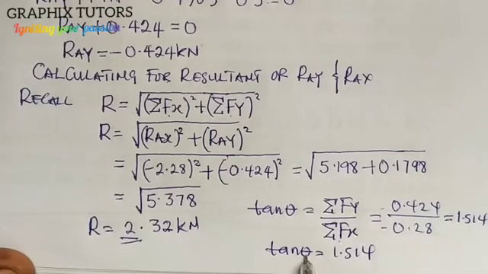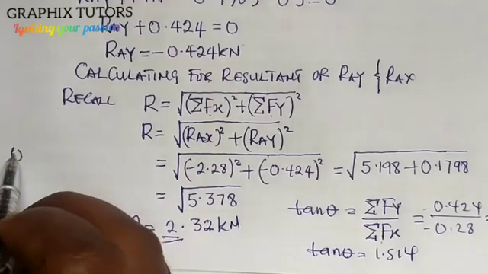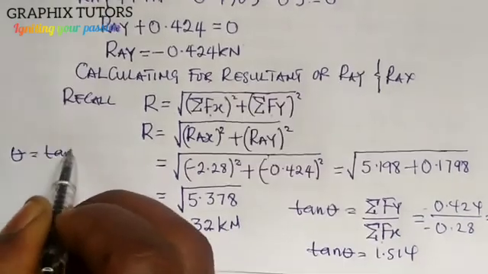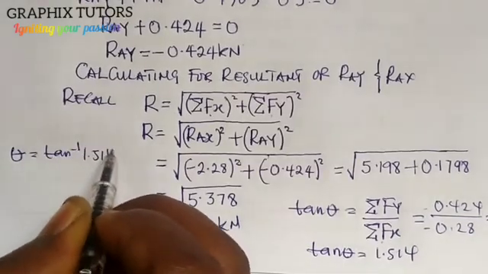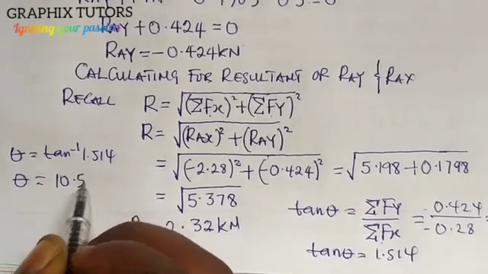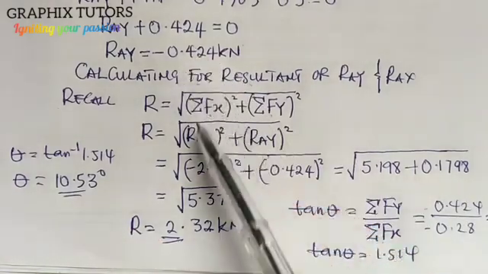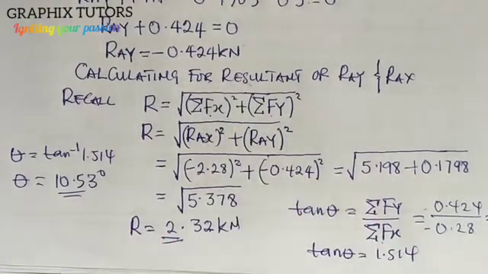So to look for theta will be tan inverse 1.514. So theta will give us 10.53 degrees. So that's our angle theta. So whenever I calculate for resultant force, we need to calculate for the angle at which it is inclined.